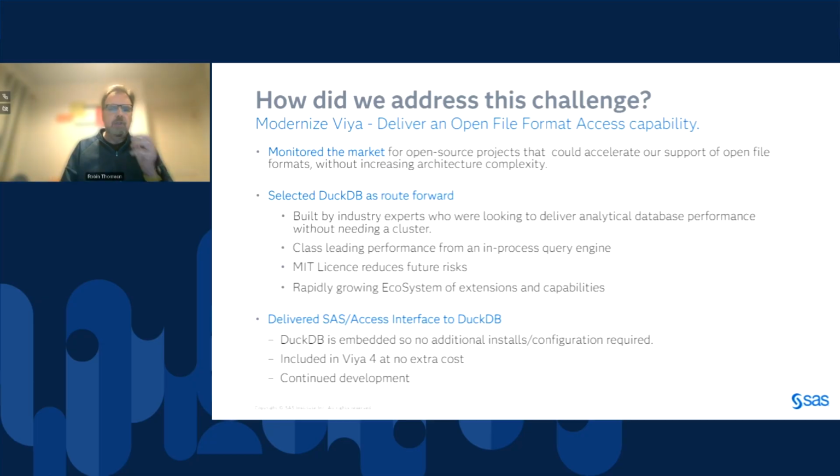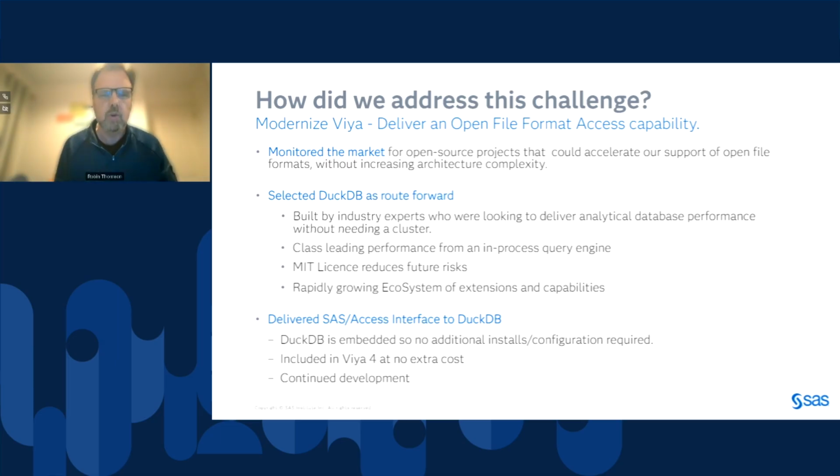How we've chosen to deliver this is as a SAS access interface to DuckDB. Now, typically an access engine means you install something on the side and we connect to that thing. In this case, DuckDB is embedded, so there is no additional install or configuration required. Within VIA, you get access to the interface to DuckDB by default, so it's there.